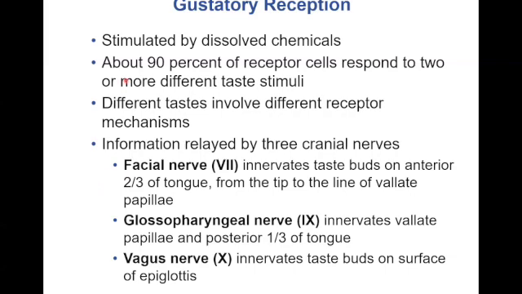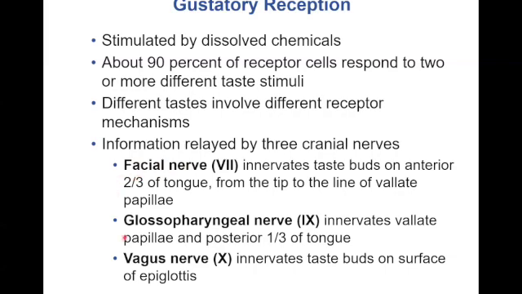So the cranial nerves that are involved in transmitting gustatory signals to the brain, first of all, involve the facial nerve. The facial nerve is cranial nerve number 7. And remember, the facial nerve innervates the taste buds on the anterior 2/3 of the tongue. We're going to start at an imaginary line in front of the vallate papillae. So the facial nerve is one of those very important cranial nerves.